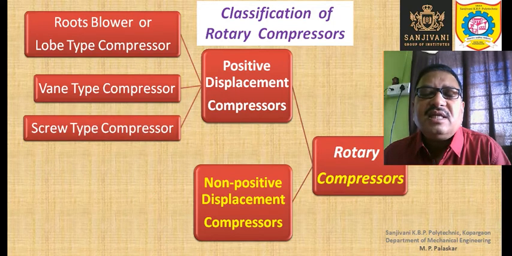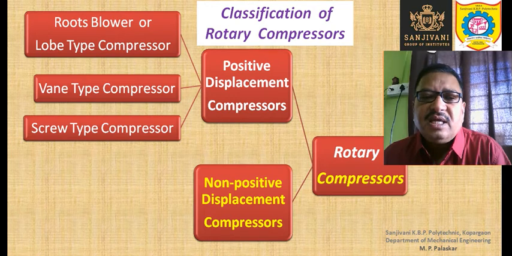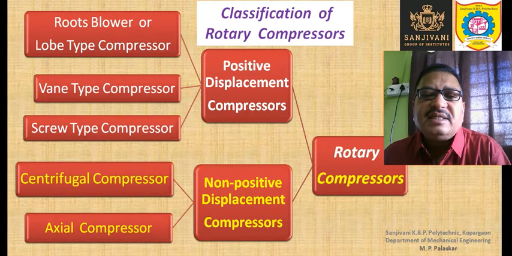These are the three compressors which are positive displacement type rotary compressors. Now the non-positive displacement rotary compressors are centrifugal compressor and axial compressor. Let us study these compressors one by one.